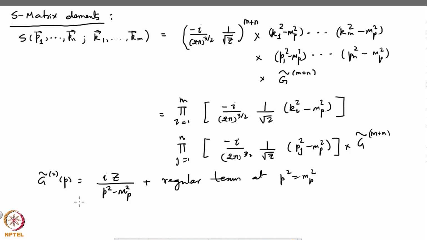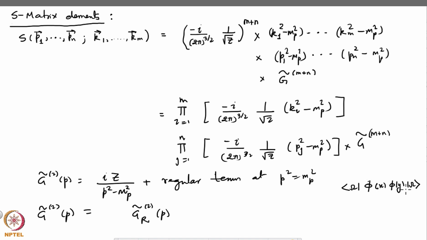Also, when we use the renormalized fields, G tilde 2 is the correlator made out of this thing, and you take the Fourier transform of this.